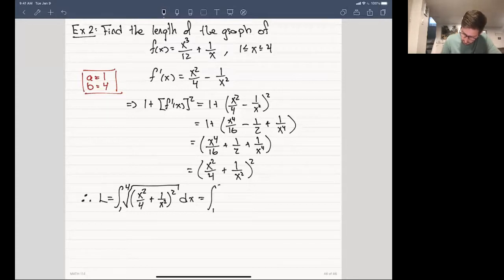This leaves me with an integral from 1 to 4 of x squared over 4 plus 1/x squared. Now we've got a relatively easy integral to simplify, because the terms are just x to some power, right? So we're just going to increase the power by 1 and divide by that new power. So I get x cubed over 12 minus 1/x to the 4. And this is all running from 1 to 4.